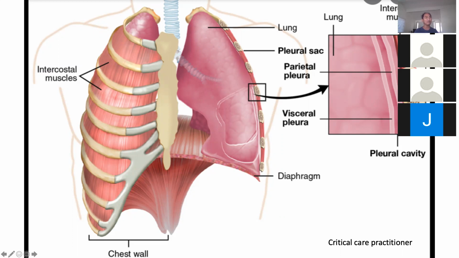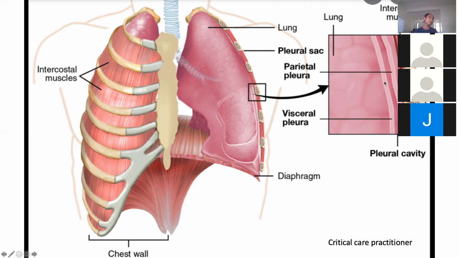In between the ribs, we have the intercostal muscles. After the intercostal muscle, we have the pleura, which lines the inner surface of the thorax, and this pleura will deflect and go back and cover the lung substance.